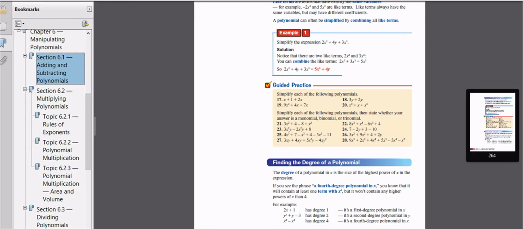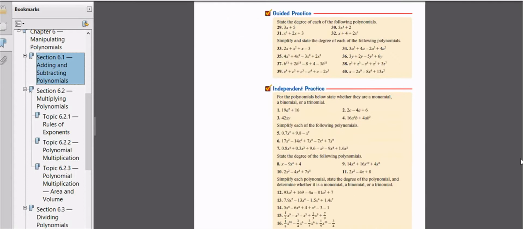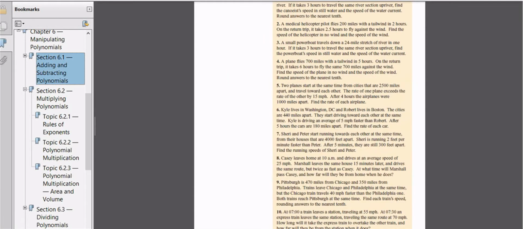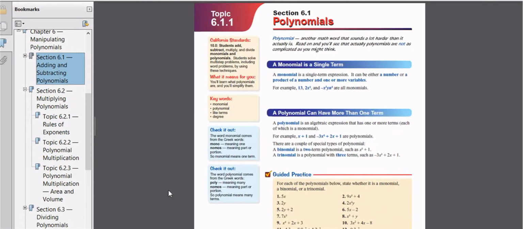But in this section, it goes beyond just combining the like terms thing. It starts talking about the degree of a polynomial. And this is kind of important because you are going to be dealing with second and third degree polynomials pretty soon. Let me go on there and get down to that.